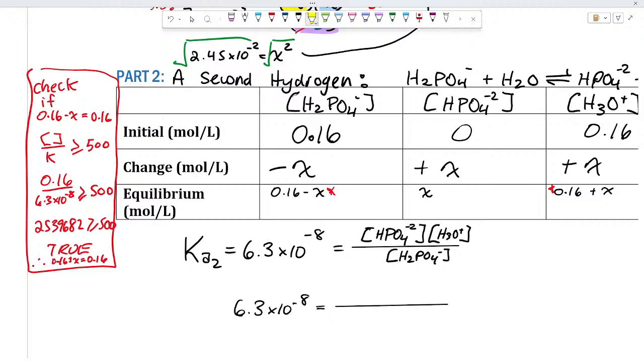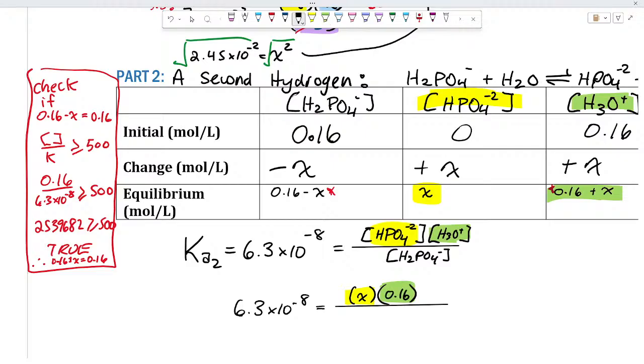but again, we can use our assumptions. What's the concentration of HPO4 2 minus at equilibrium? Nope, HPO4 2 minus. X, right? Products go on top, right? But then what's the concentration of H3O plus at equilibrium? We can just treat that as 0.16, right?